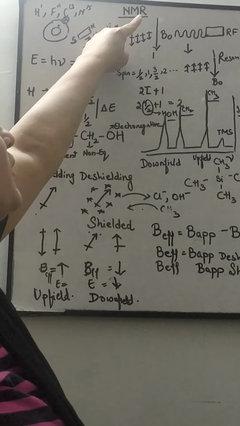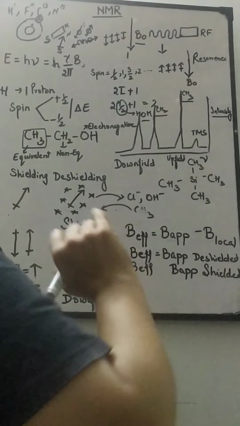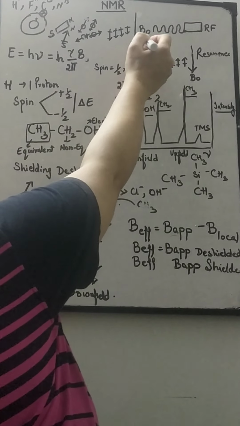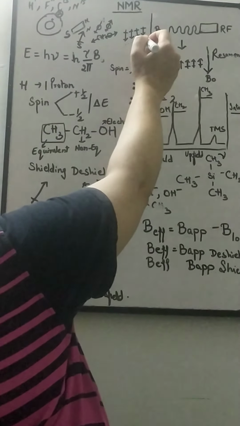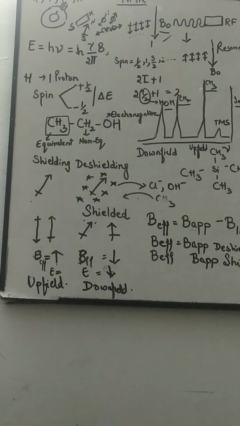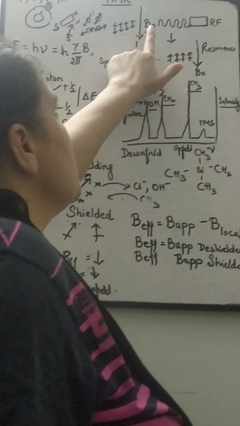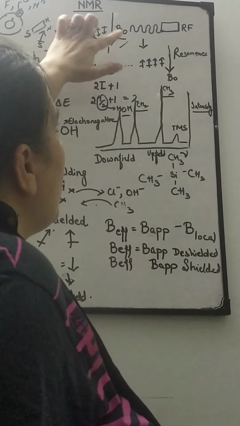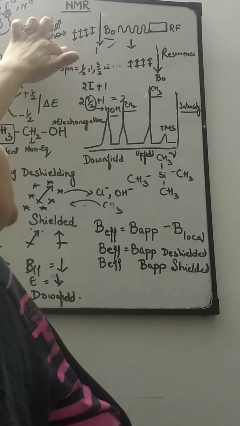Now, whenever we apply a higher external magnetic field, here represented by B naught, all of them, because this field is stronger than the smaller magnetic fields of these nuclear particles, will be aligned along with the field. And after this step, when we give them a radio frequency of certain magnitude, initially they were aligned along with the field.